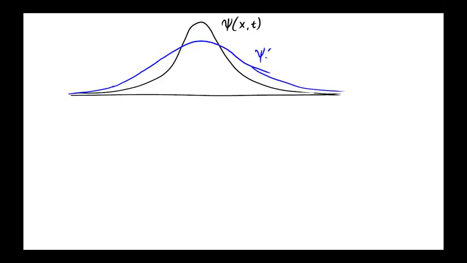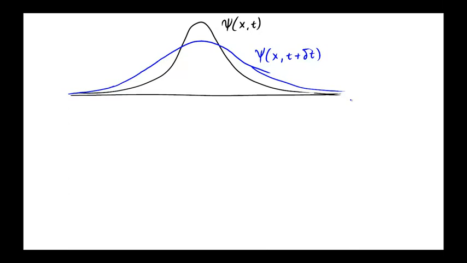So this is psi of x, t plus delta t, for some delta t. If I tell you that this was the superposition at time t and this was the superposition at t plus delta t, these are not quantities that you could measure.